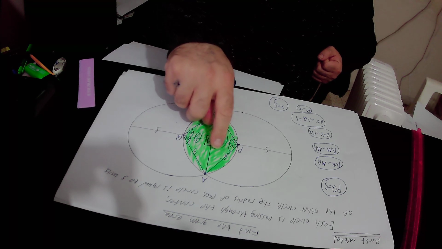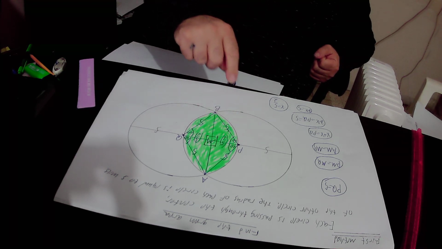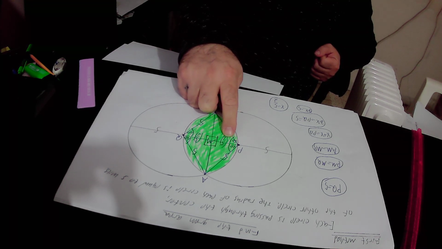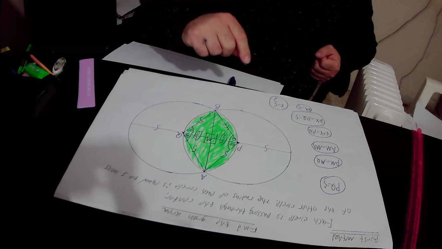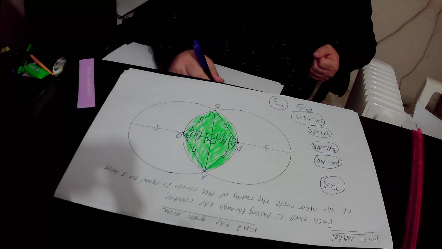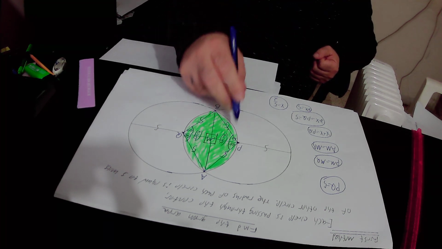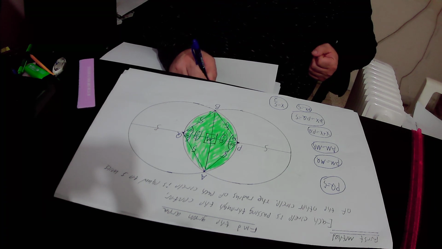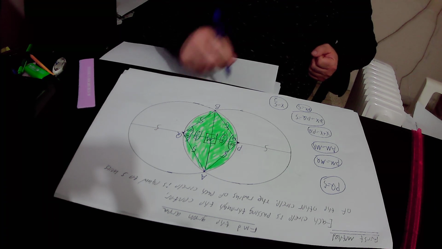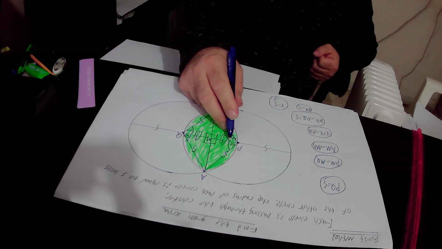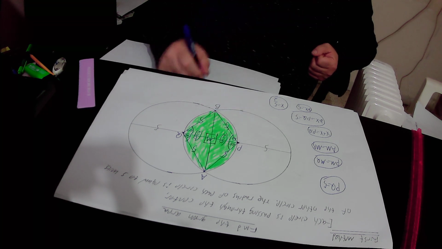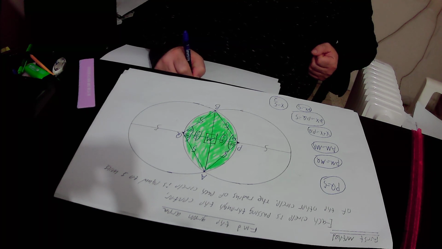So the area of sector APB equals pi r squared times 120 degrees over 360 degrees, where 60 plus 60 is 120 degrees.